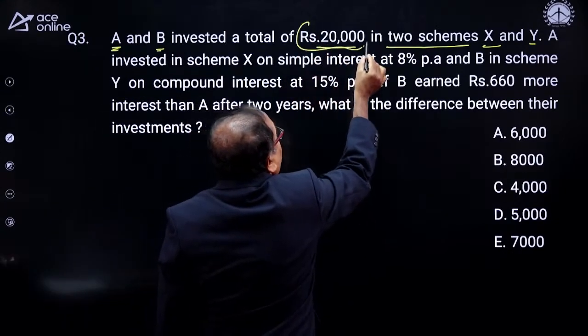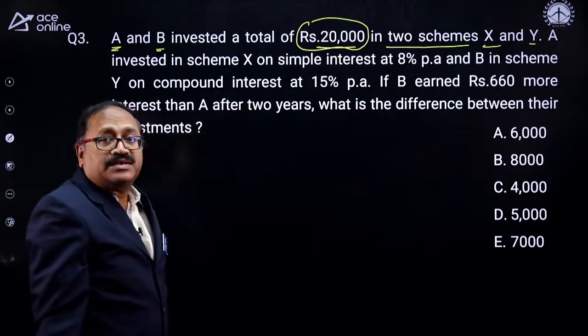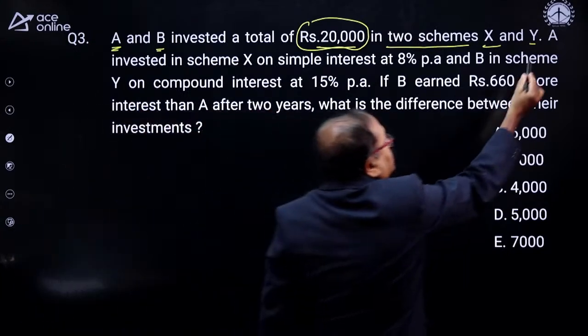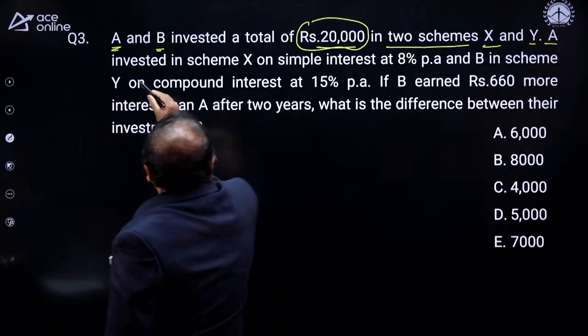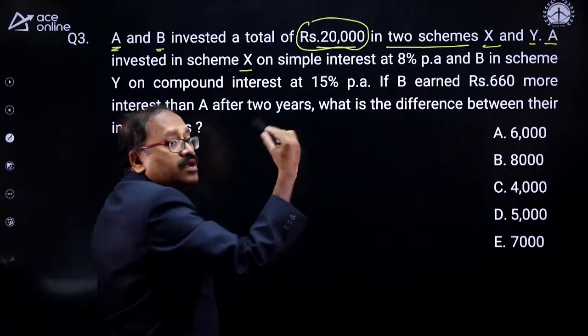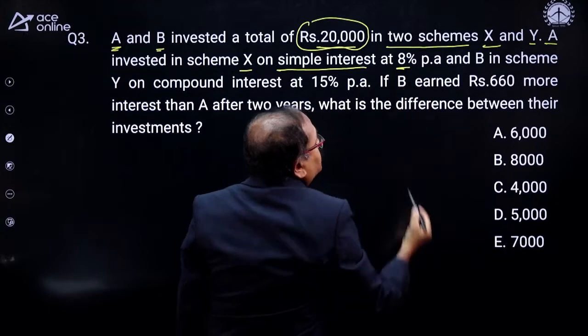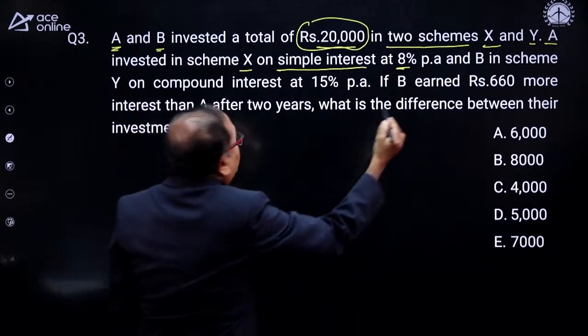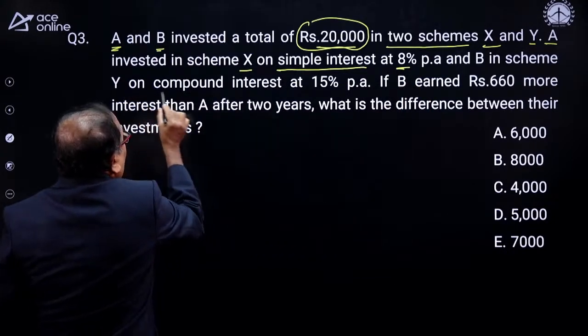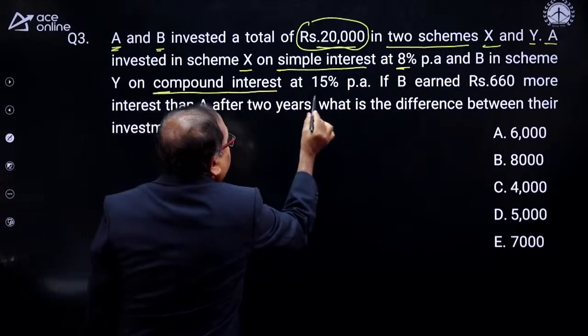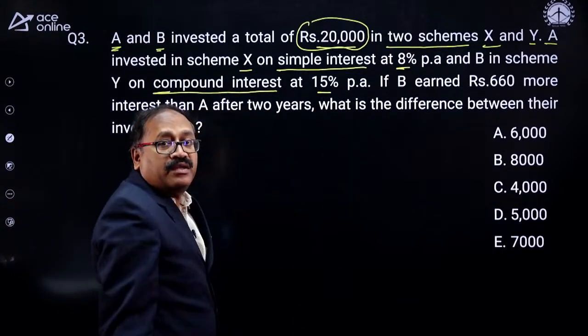The total investment is 20,000. Now, it says that A invested in scheme X at simple interest at the rate of 8% per annum, whereas B invested in Y at compound interest at 15% per annum.